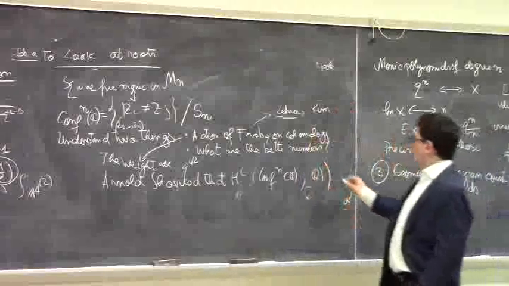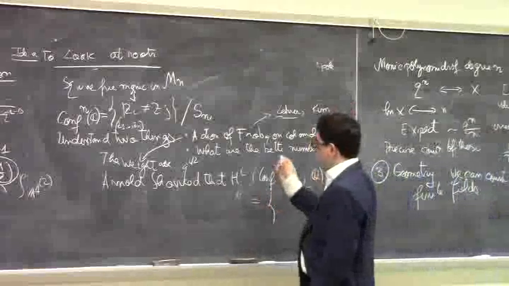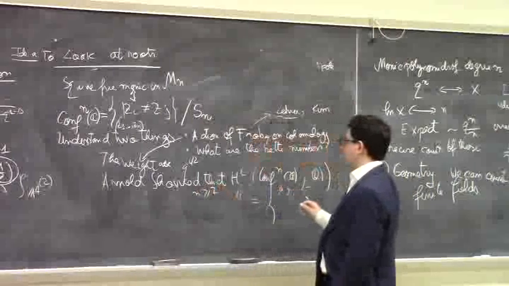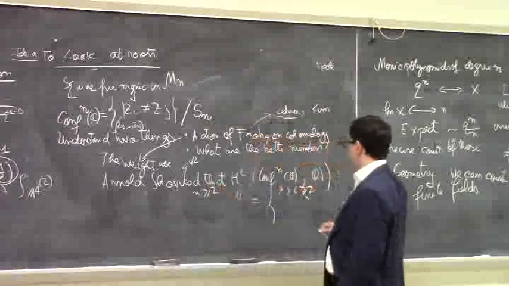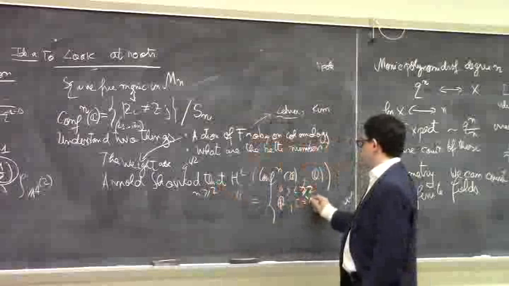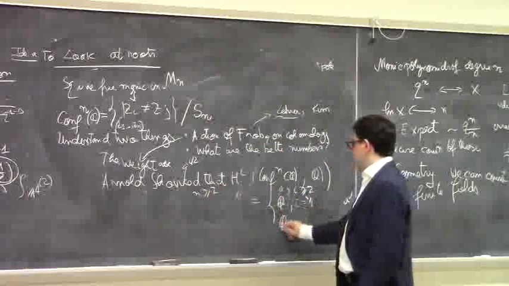Let me assume n is bigger or equal to 2. This will be 0 if i is bigger or equal to 2, and it's Q if i equals 1, and Q if i equals 0.